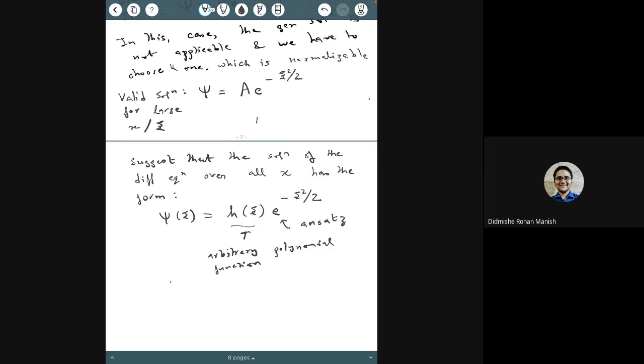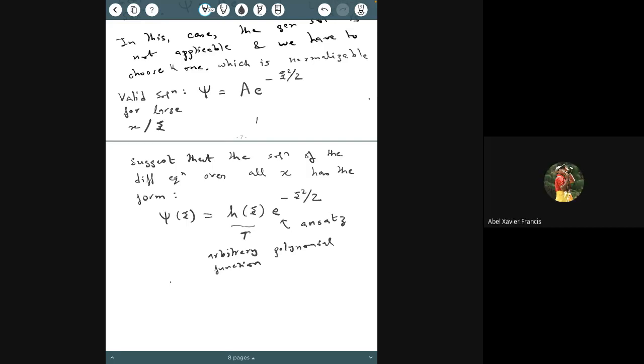But I am taking it in this sort of factorized form with an exponential because I expect that this will lead to a simplification of the solution method. Now this is again a wise after the event ansatz. So people must have tried many ansatz and they did not end up being able to solve the differential equation. Okay. And finally they hit upon this where they could.